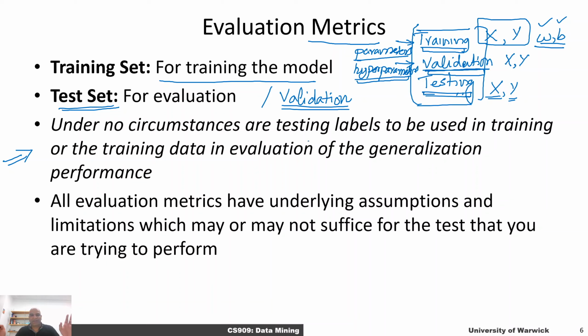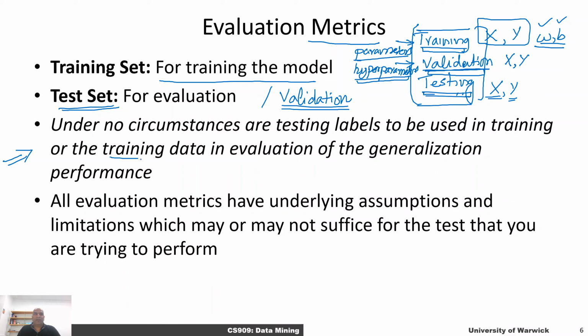So say it with me: under no circumstances are test or validation labels to be used in training. We will not be doing hyperparameter tuning or parameter tuning using label information from the test set or the validation set. We can do hyperparameter tuning using the validation dataset, but the labels of the test dataset are not to be used in training or in hyperparameter setting, right?